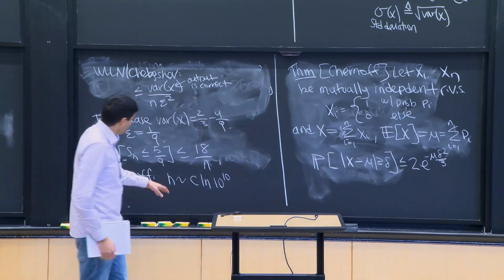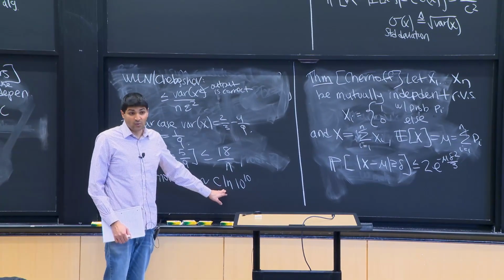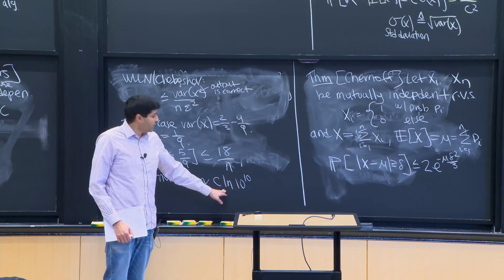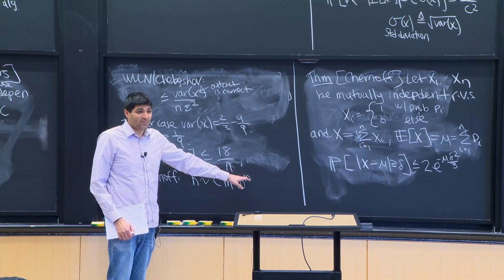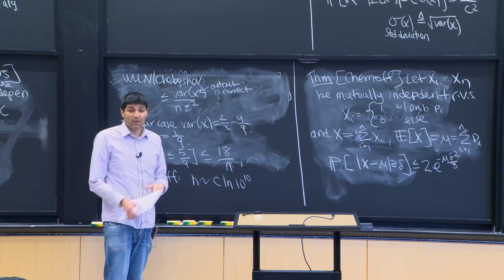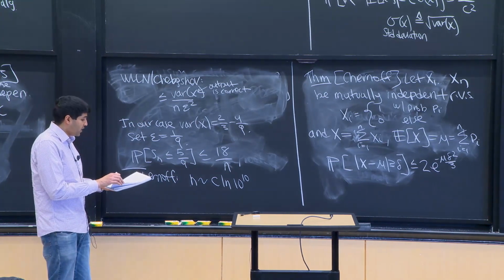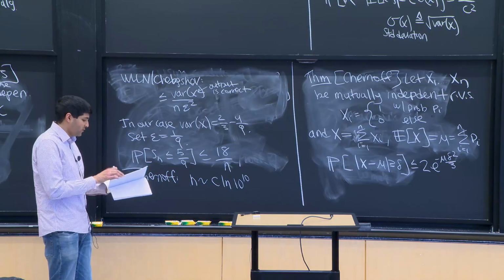So if we had 10 to the 10, really the number of repetitions would be much tamer. It would just be the natural log of 10 to the 10. So even if I put a 10 or a 30 in the exponent, it's not such a giant overhead to actually drive the failure probability basically to 0. So that's what we'll do next time. We'll do the Chernoff bound.